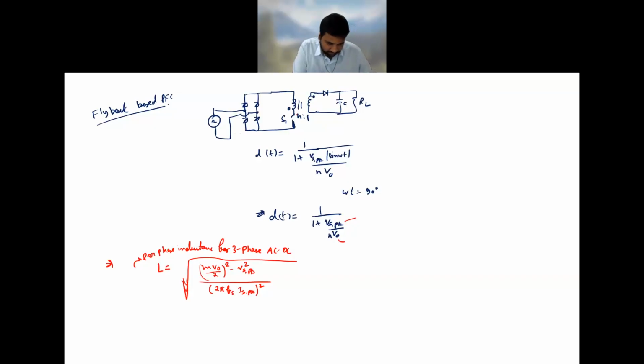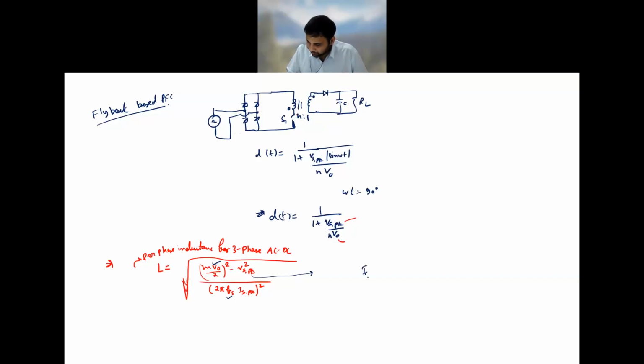When we see this, Vs peak, if in the question they have provided the input voltage, that is known. V naught, if they have given the output voltage in the question, that is also given. Fs is nothing but your supply frequency, generally given with the input information, and that formula is also given.